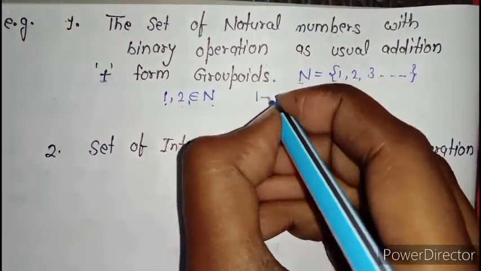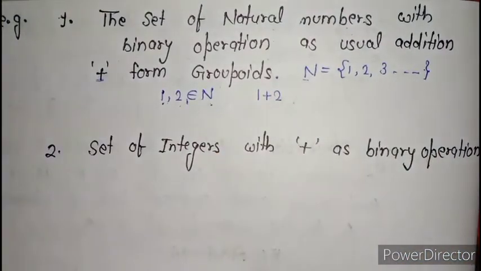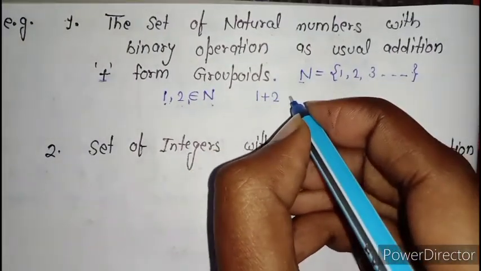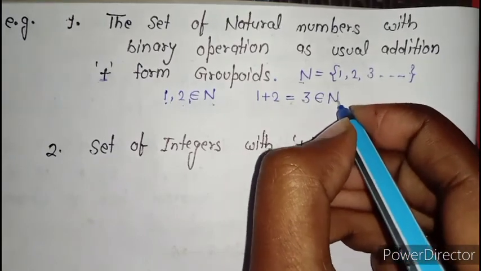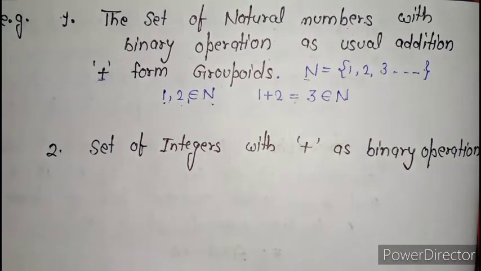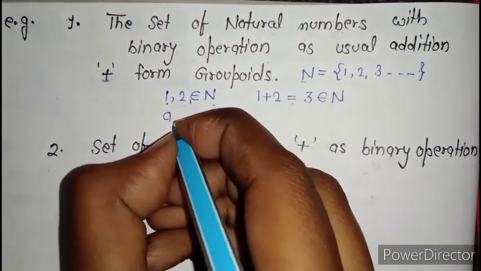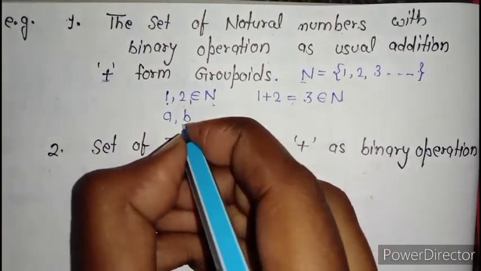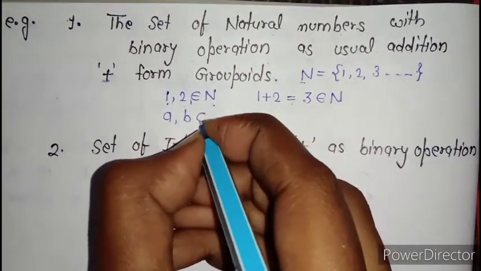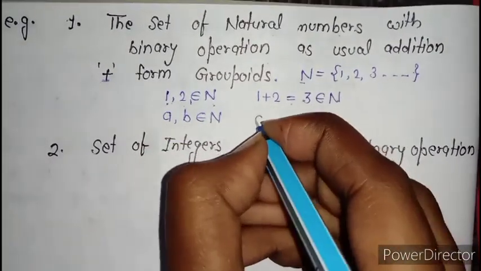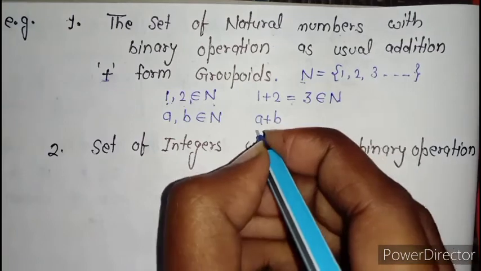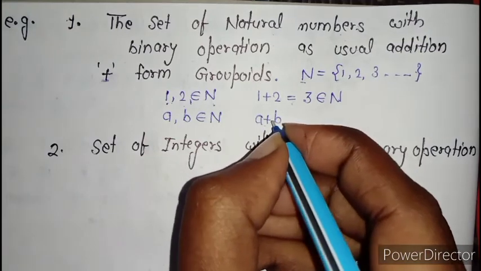If we add two natural numbers, whatever they are, we again get a natural number, that is, it also belongs to the set of natural numbers. So in general, we can say that if we take any a, b, where a and b are arbitrary elements of N, then their sum, that is, the binary operation is addition here.